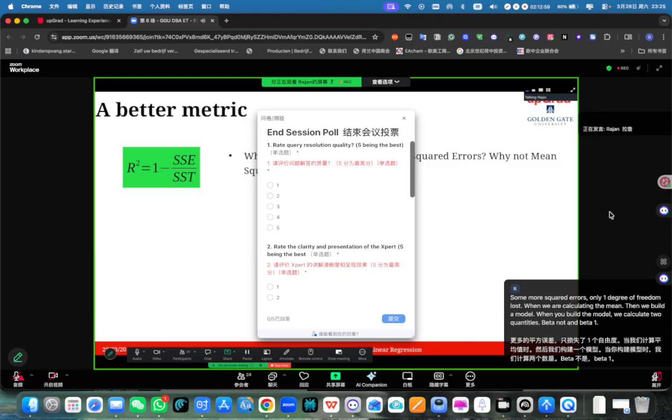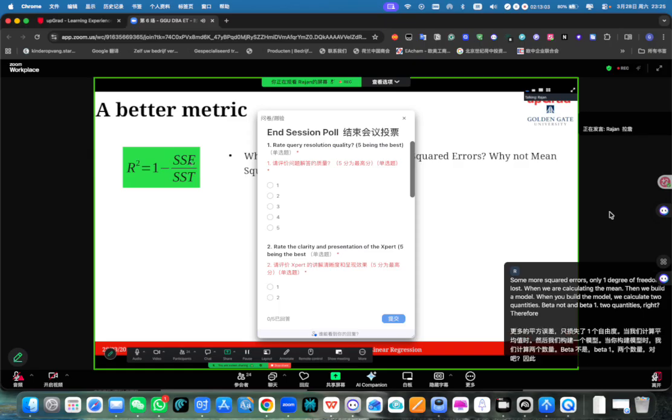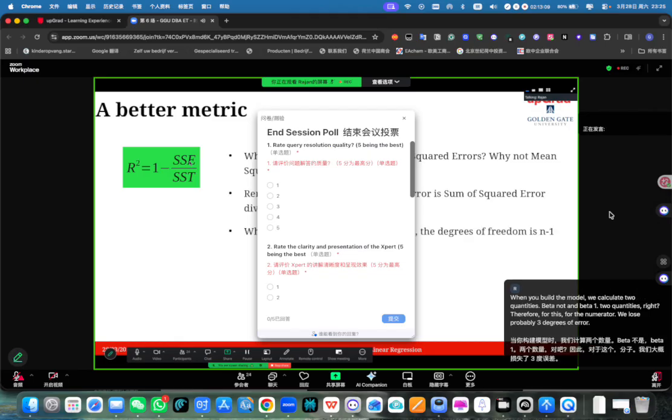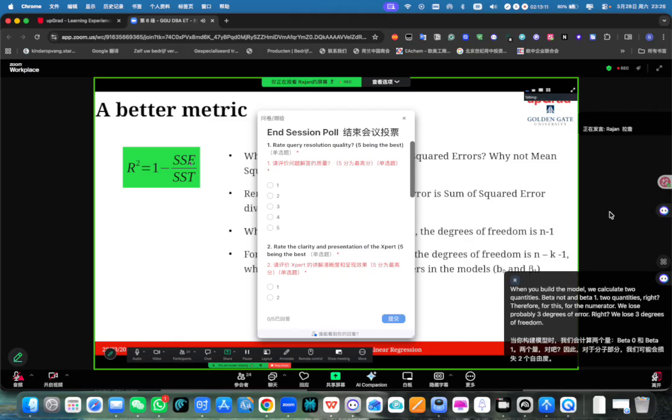Therefore, for the numerator, we lose totally 3 degrees of freedom. It is N minus K, where K is the number of parameters. In our case, the number of parameters is 2, minus 1. That's the number of degrees of freedom for the residual errors.